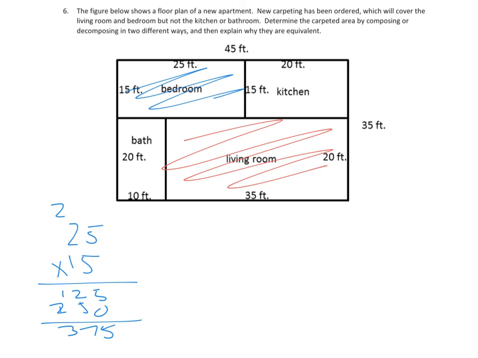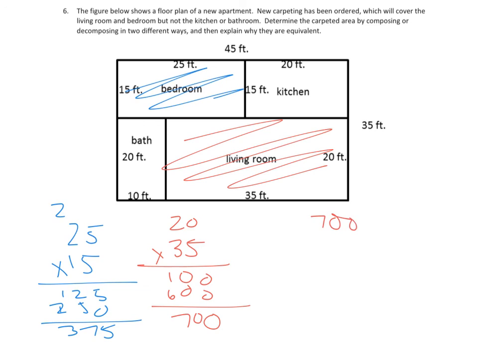The living room, you do 20 times 35, and you'd end up with 700 feet squared. So then you take 700 plus 375, and you end up with 1,075 square feet of carpet that they need.